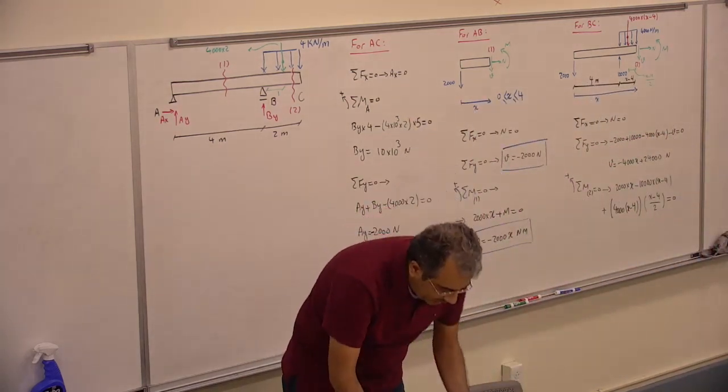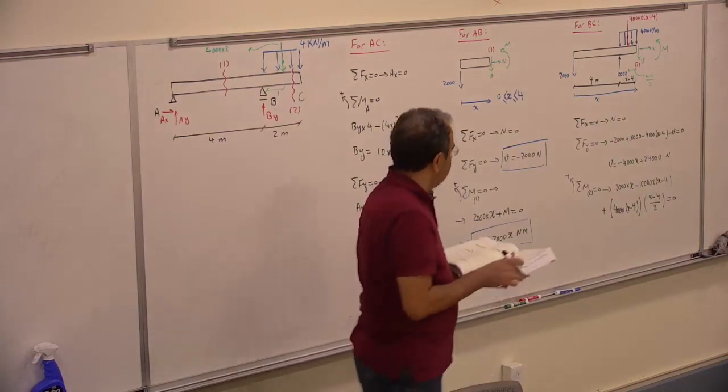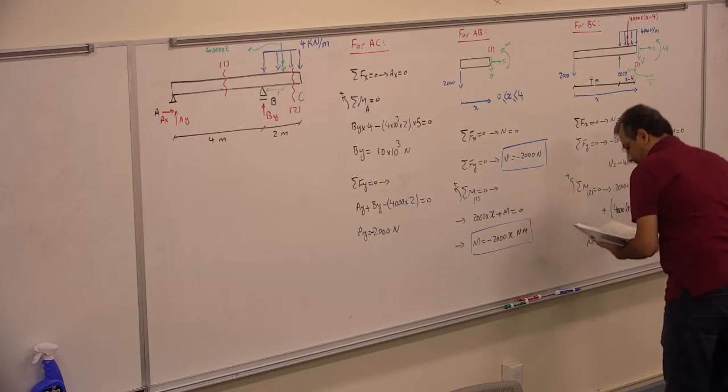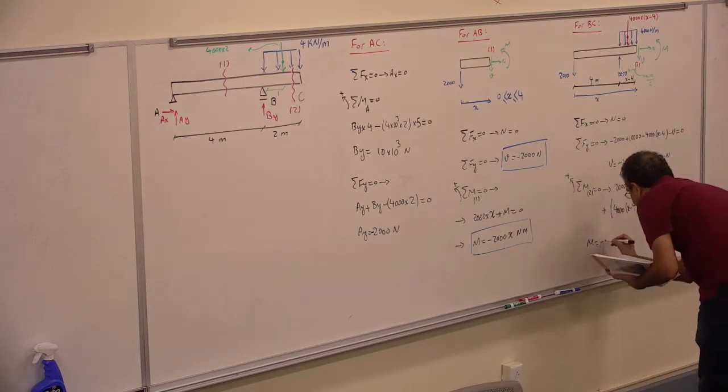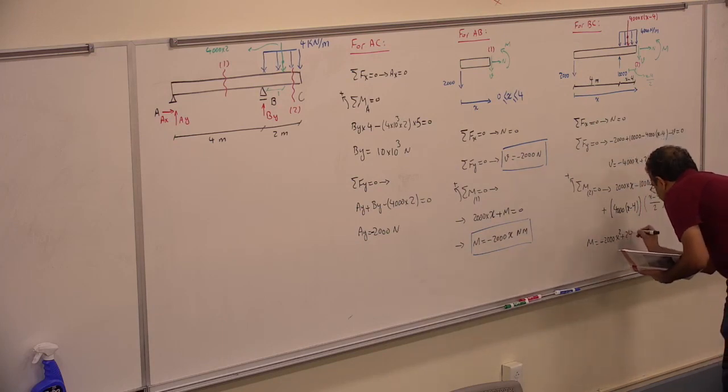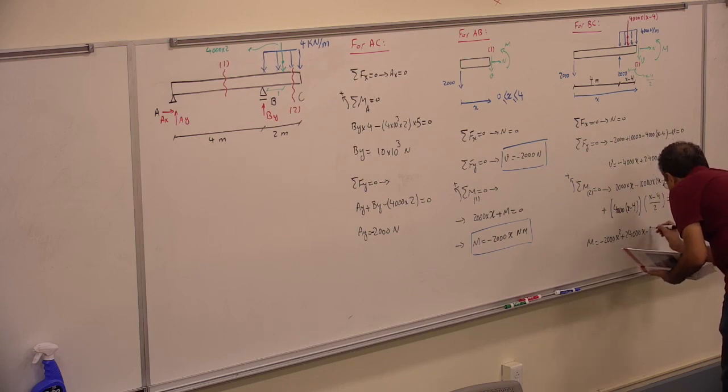Again, if I have it correctly, M comes out as negative 2,000 x squared plus 24,000 x minus 72,000.